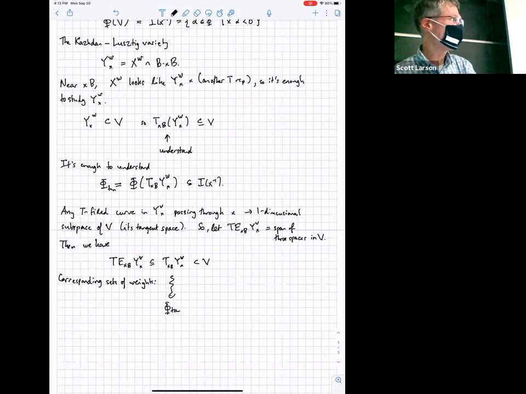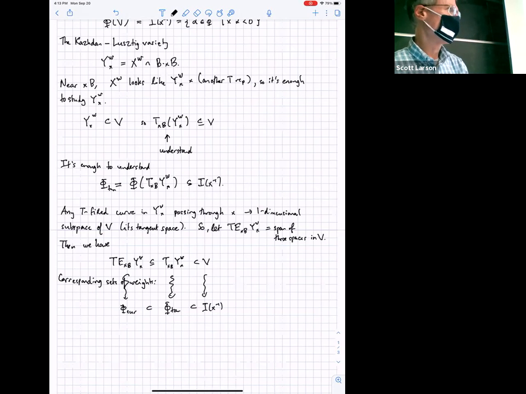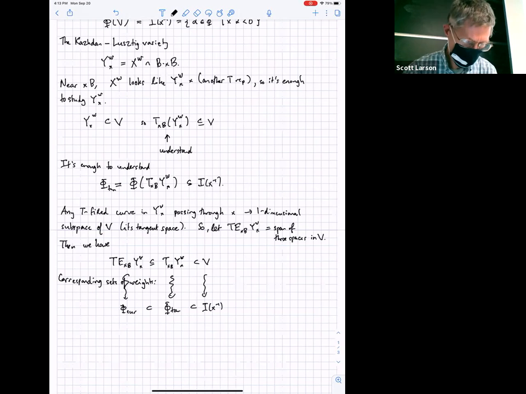That's the set of weights of this vector space. And these weights here are the inversion set of X inverse. And then the set of weights here, I'm going to call phi cur. That's to be thought of as the set of weights of curves. The cur is to remind us that this is the set of curves.